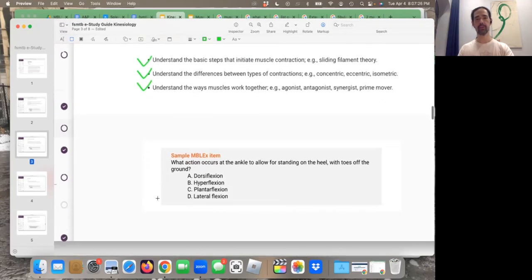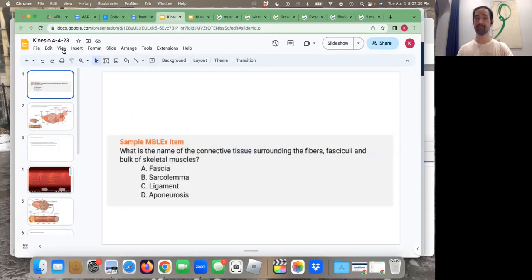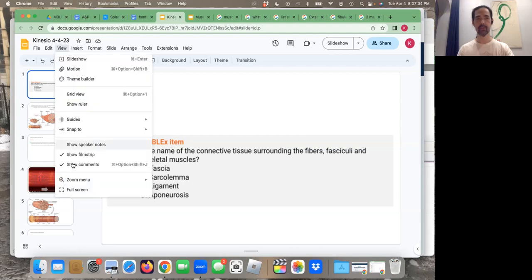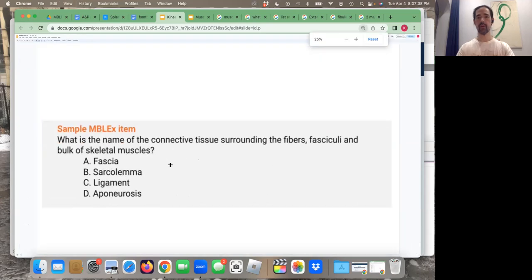And I found this question to be really pretty lousy, and I want you guys to be prepared for this. The reason it's lousy is because of the structures that they list, they're asking you about.